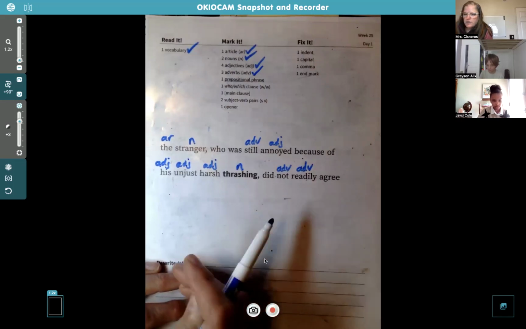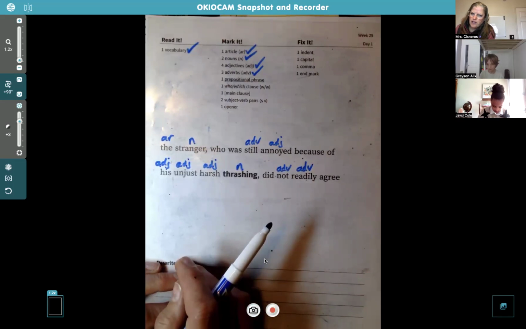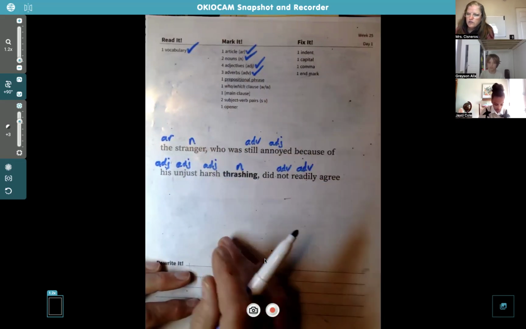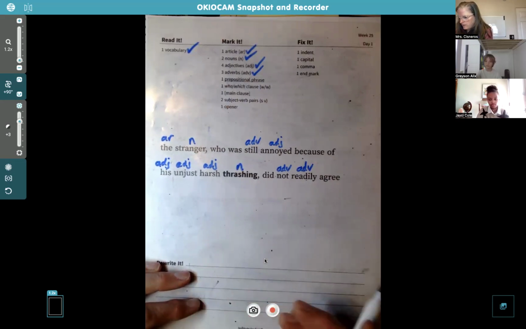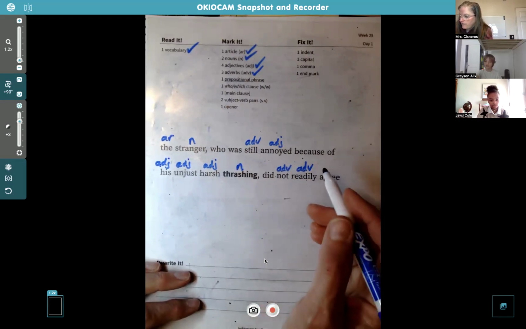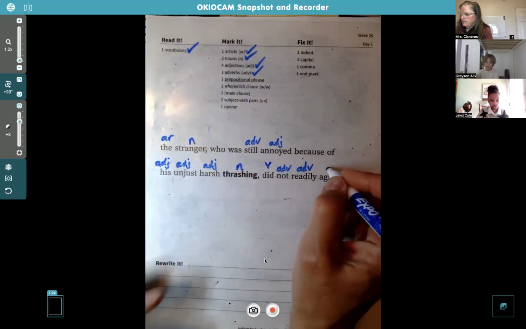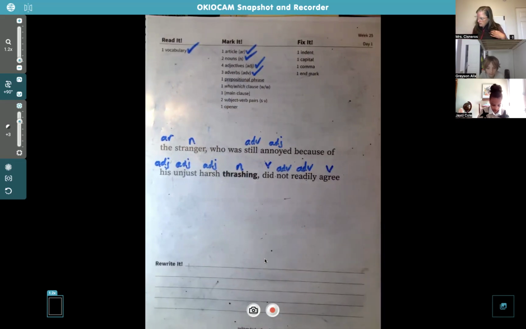Let's jump down to subject verb pairs because I like to do that next so everything's labeled. So Grayson, can you do both subject verb? Did. Did is a verb, yes. Agree. Good. There's one more in there.